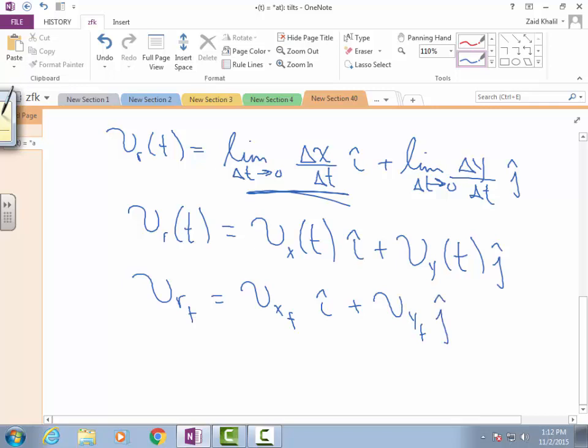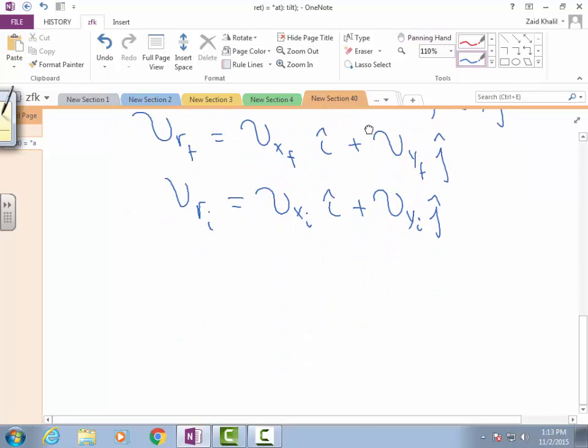And you have a V_Ri. Notice, why do I keep on saying R? What does that R stand for? Radial or resultant. So this is V_Ri, which is Vxi i hat plus Vyi j hat.